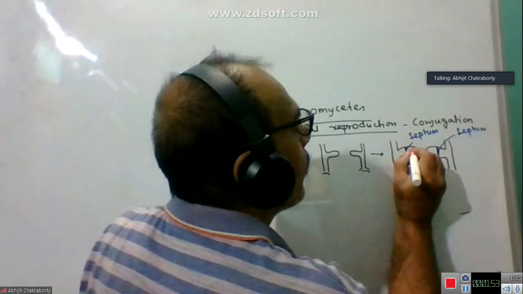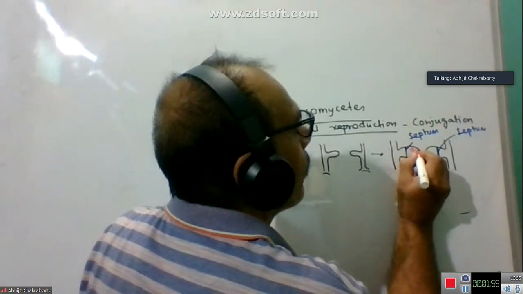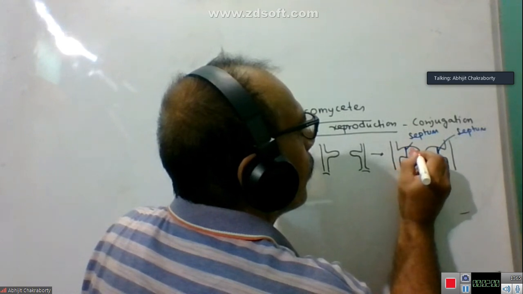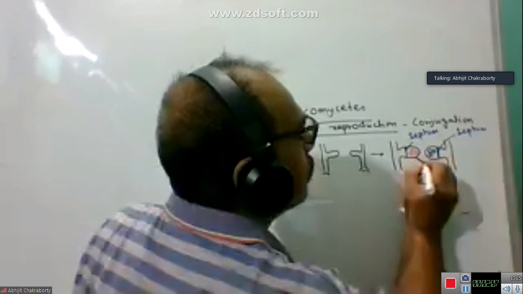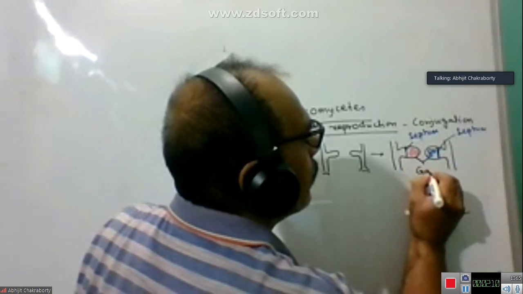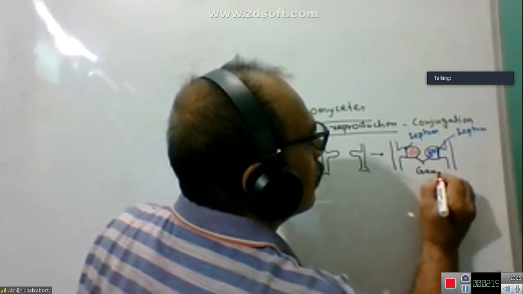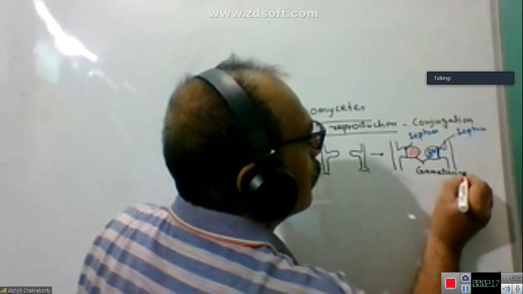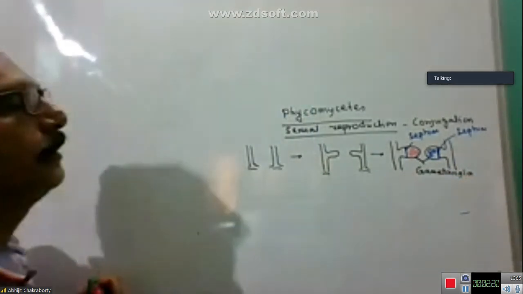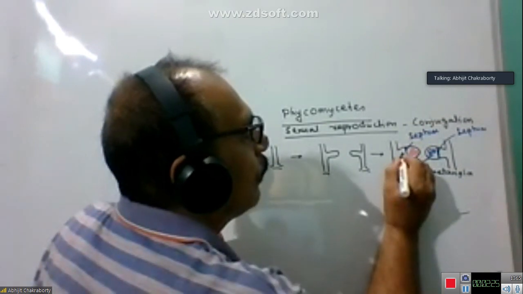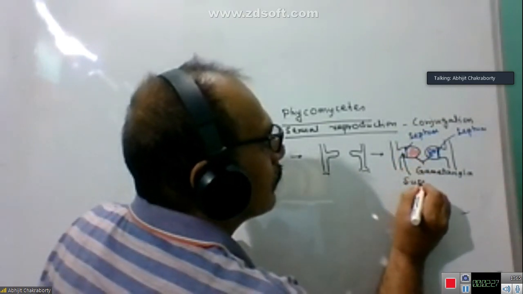Some gametes are produced. This part is called gametangia. And the cell just beside the septum, this side is called, remember this thing, suspensor.